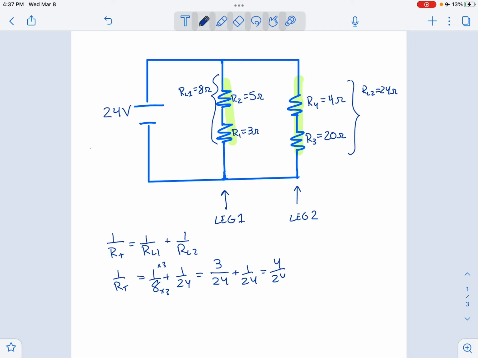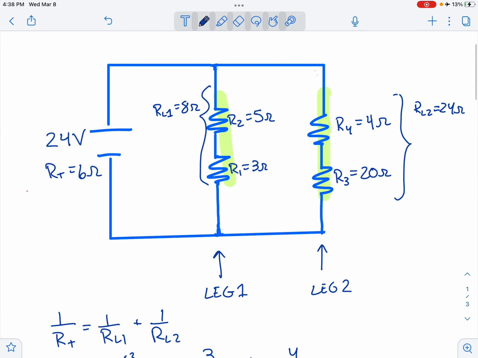That's equal to 4 over 24. So 1 over RT is equal to 4 over 24. If we flip both sides, we can say RT over 1 is equal to 24 over 4, which is 6, right? So RT is equal to 6 ohms.